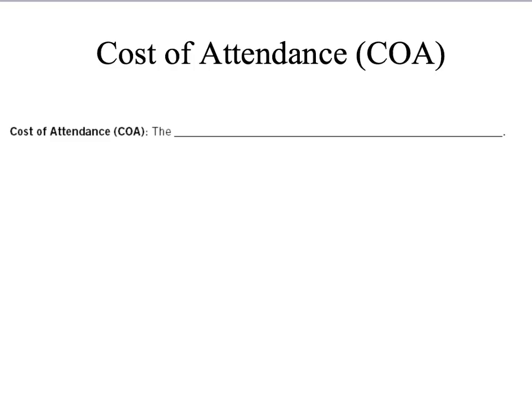We also need to understand cost of attendance, or what we call COA. Cost of attendance actually is sticker price. So when you hear COA, it means the same thing as sticker price, but this also includes a whole bunch of other stuff. So we say that it's the total amount it will cost you to go to school.